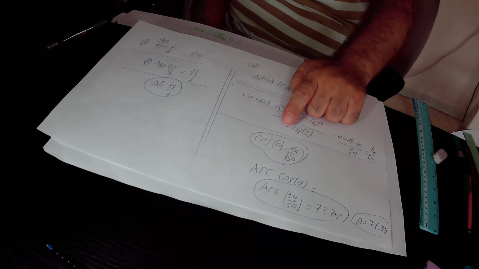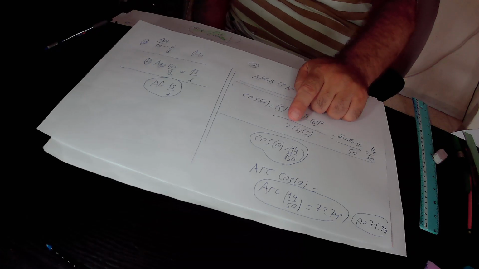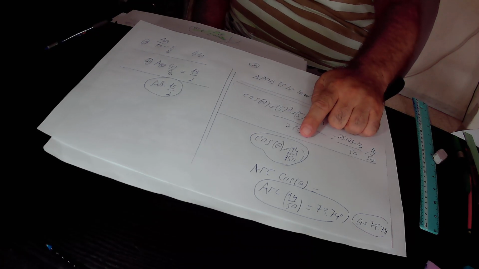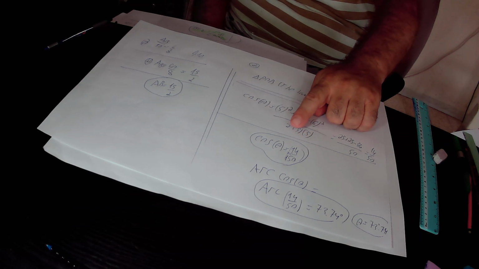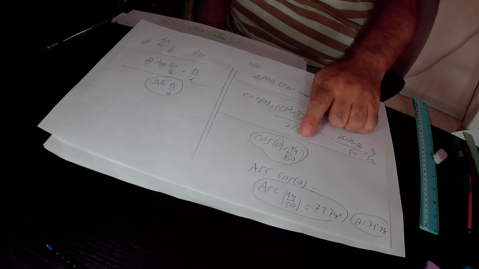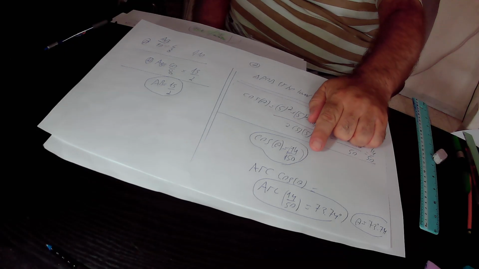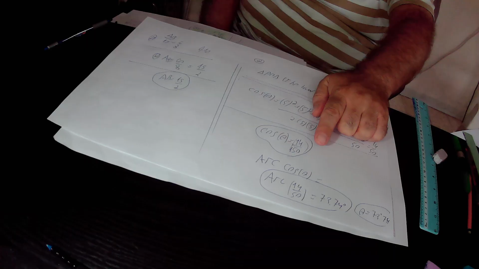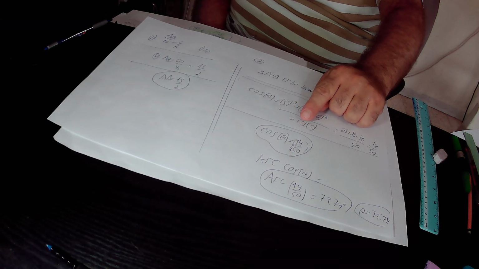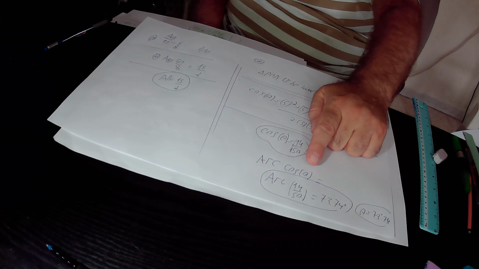In order to find theta, we apply the opposite function of cosine, arc cosine, on the result, 14 over 50.